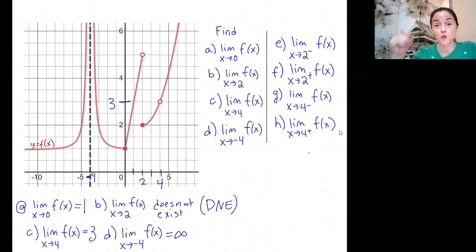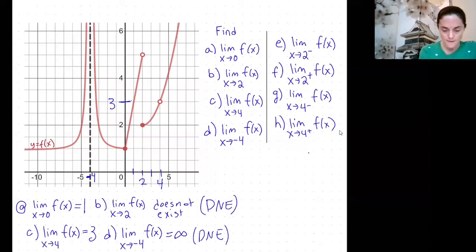but for a limit to exist, we typically think about a limit being a finite number. Remember, I had B and L are numbers, and infinity is not a number. So you could also say this: to say a limit is infinity is really a fancy way of saying the limit does not exist, because it's infinite.